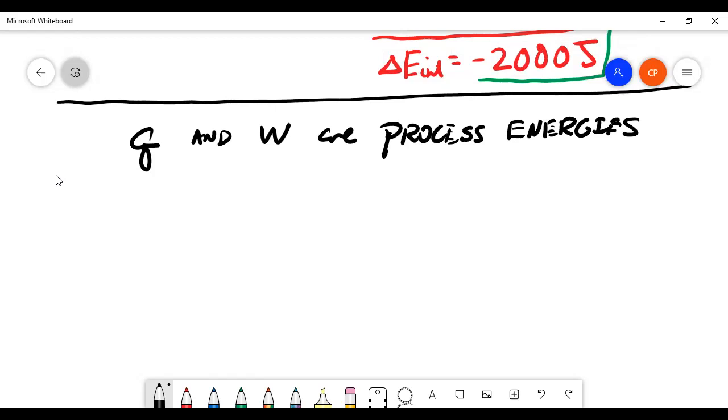Heat is transferred. Work is performed. And that major distinction between the process energies and the state energies is something very critical to how we describe energies in thermodynamics.